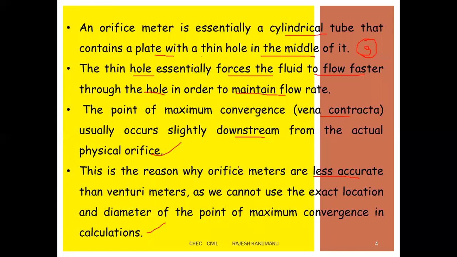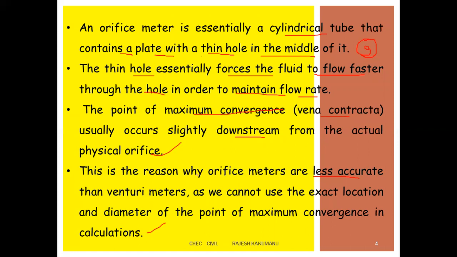See here, the orifice meter is essentially a cylindrical tube that consists of a plate with a thin hole in the middle. The thin hole forces the fluid to flow faster through the hole in order to maintain the flow rate. The point of maximum convergence, the vena contracta, occurs slightly downstream from the actual physical orifice.